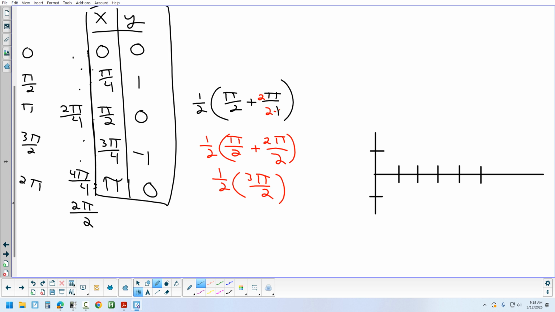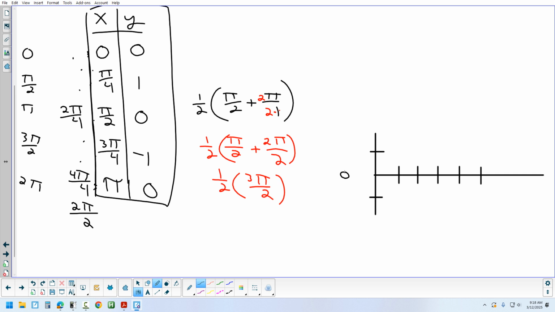Now graph those points. Let's put 0, 1, negative 1. Let's label our x-axes with those values because they're all equally spaced: 0, 1 pi over 4, 2 pi over 4, 3 pi over 4, 4 pi over 4. I said it again so you'd see the pattern, but you should reduce it when you read it.